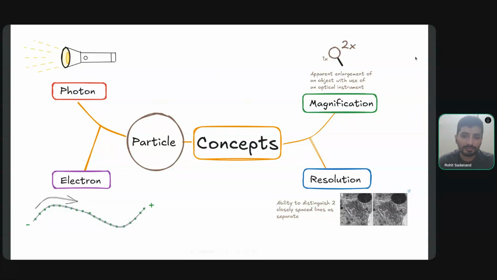And the second important concept is resolution. You can imagine two pictures, like you can see them here, that appear to be the same, but you can say that there is some difference here, right? This image appears more clear and of a better resolution than this one. And that exactly is what resolution is. It is the ability to distinguish two closely spaced points or lines in an image.